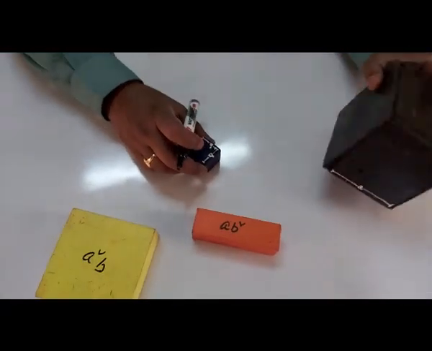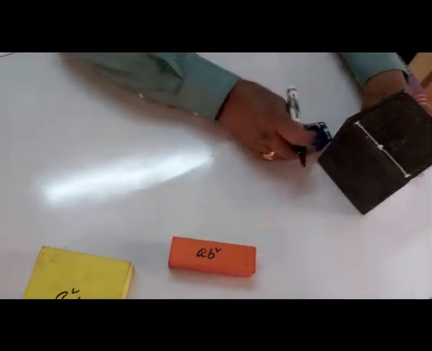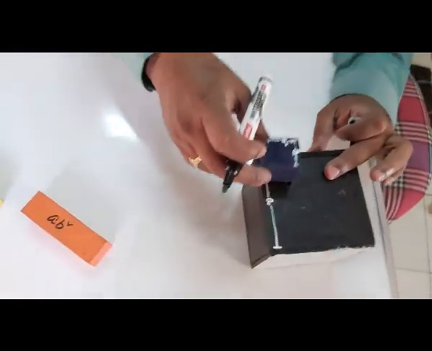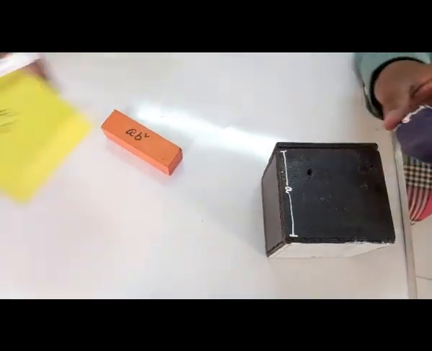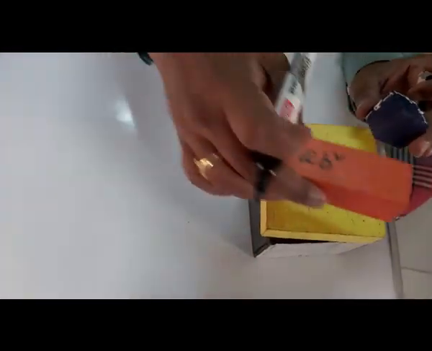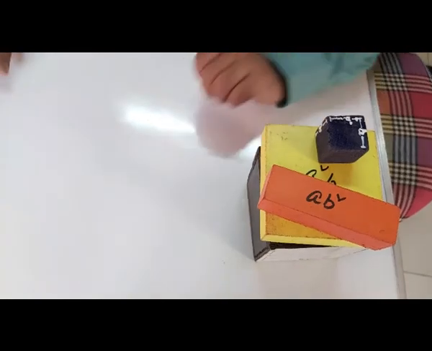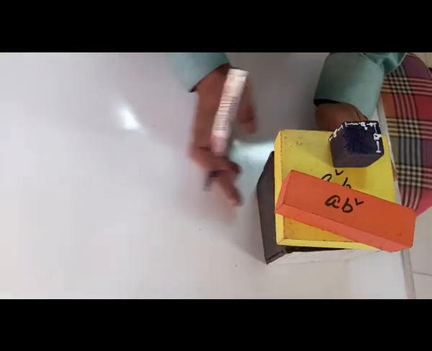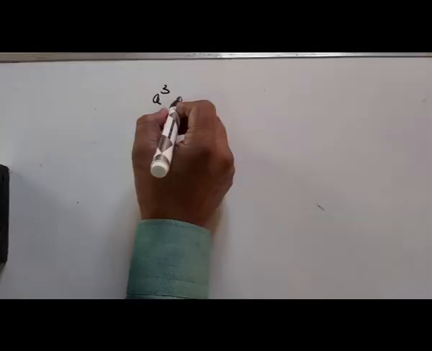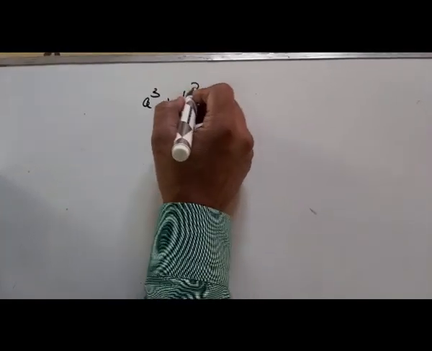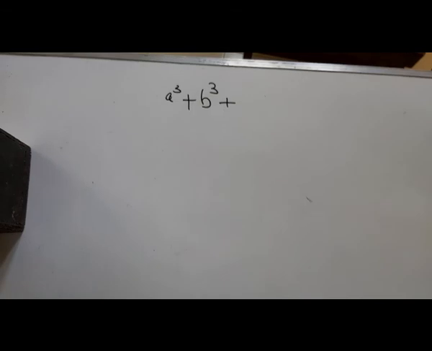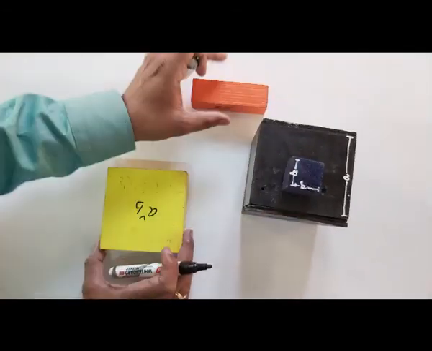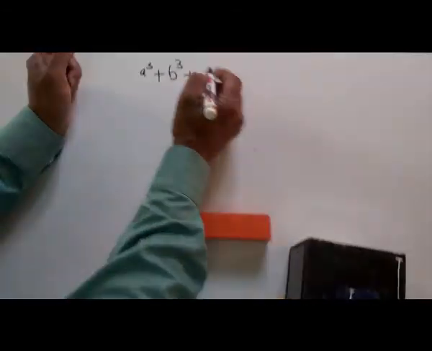So now I am keeping all together. So this is A cube plus B cube plus A square B plus AB square. What is the total volume of this solid?